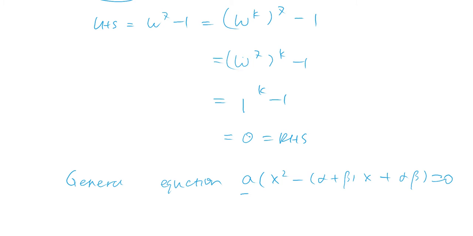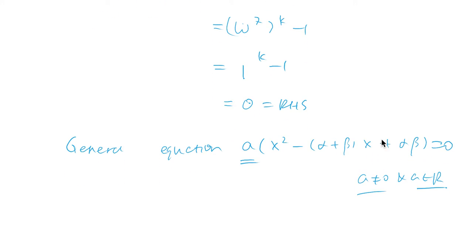Remember we have the restrictions on a: a doesn't equal 0 and a is any real number. This includes all the quadratic equations whose roots are alpha and beta, because the linear coefficient is the negation of the sum, and the constant term is the product of the roots.